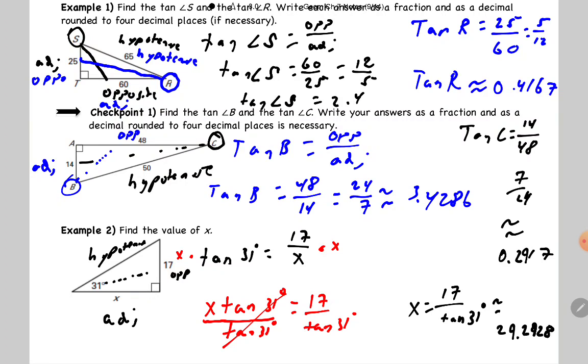Now, if you're having any issues with your calculator, like you punch this in and for some reason you're not getting the same number as me, make sure you go to your settings in your calculator. It might be the button called Mode, or it could be some sort of setting on your calculator.